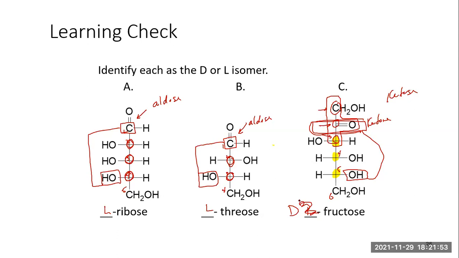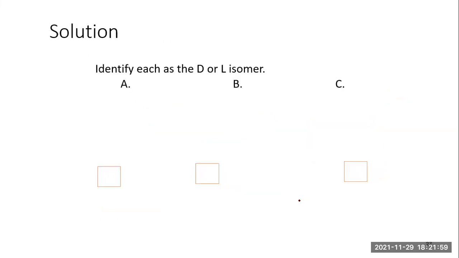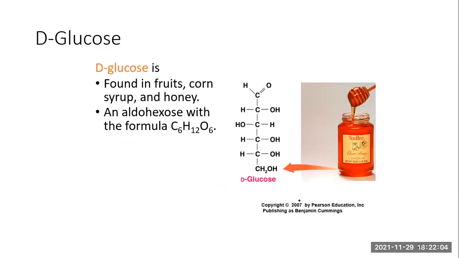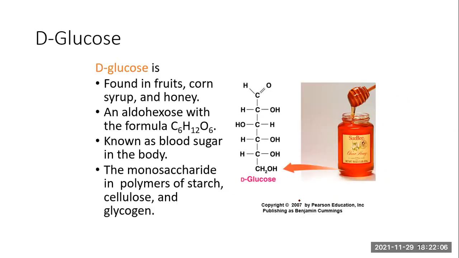Okay, so let's take a look at a couple of these monosaccharides a little bit closer. Let's take a look at D-glucose. D-glucose is found in fruits, corn syrup, and honey. Again, the structure over there, as we talked about earlier, you should be able to identify it. It has a molecular formula C6H12O6. It's known as blood sugar in the body.